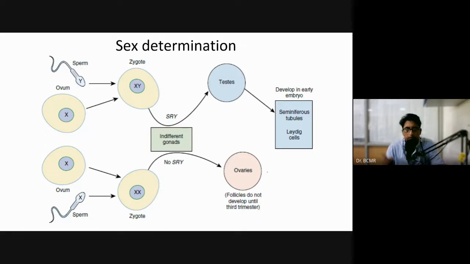To do a quick recap, there is X and Y. The Y chromosome is what differentiates female from male, in the sense that our default program is female, right? And a variation to that is the male.